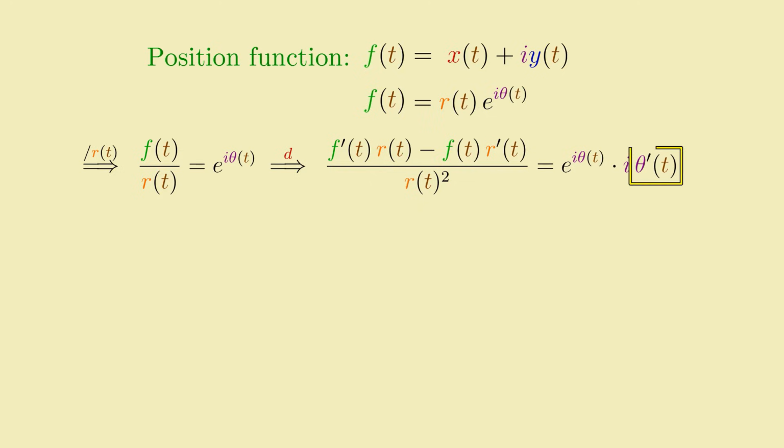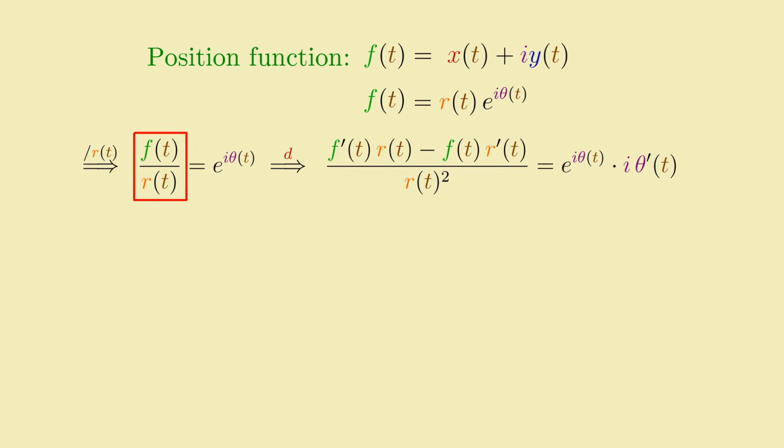Now, remember our goal is to compute theta prime of t, the derivative of theta, without having to know what theta of t is in advance. And at this point, we can actually get rid of the explicit theta of t that remains in the equation. Before we took a derivative, remember how we had f of t over r of t equal to e to the i theta of t?